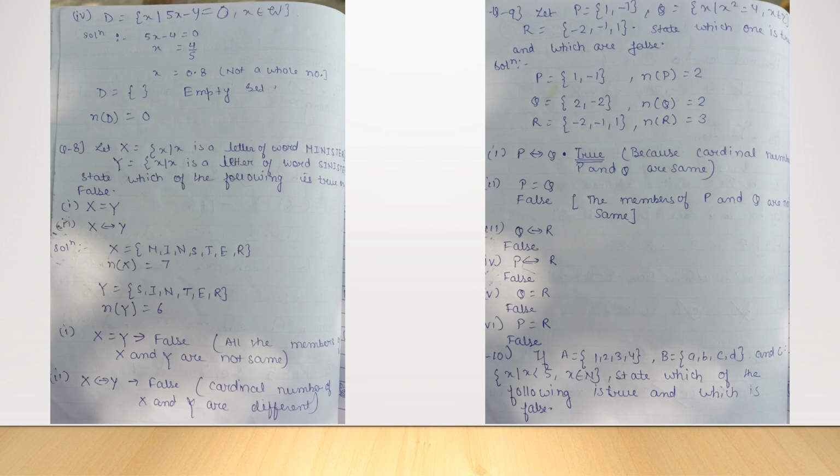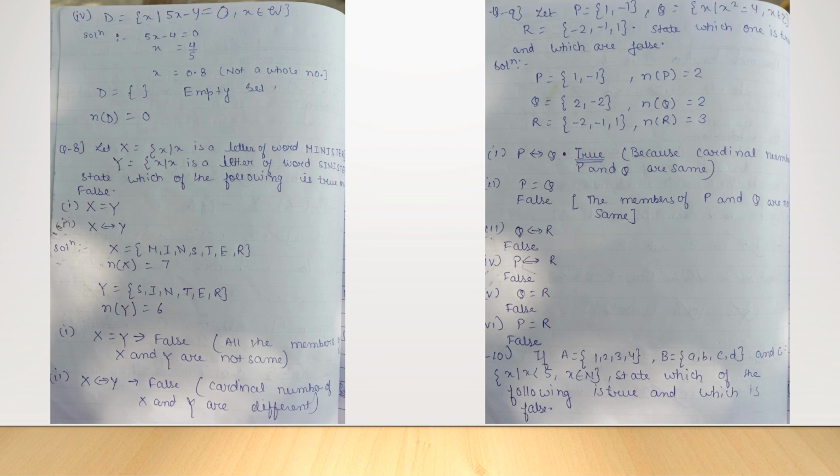Question number 9. Let P is equal to {1, -1}, Q is equal to {x such that x square is equal to 4 and x belongs to Z, integers}. R is equal to {-2, -1, 1}. State which one is true and which are false.